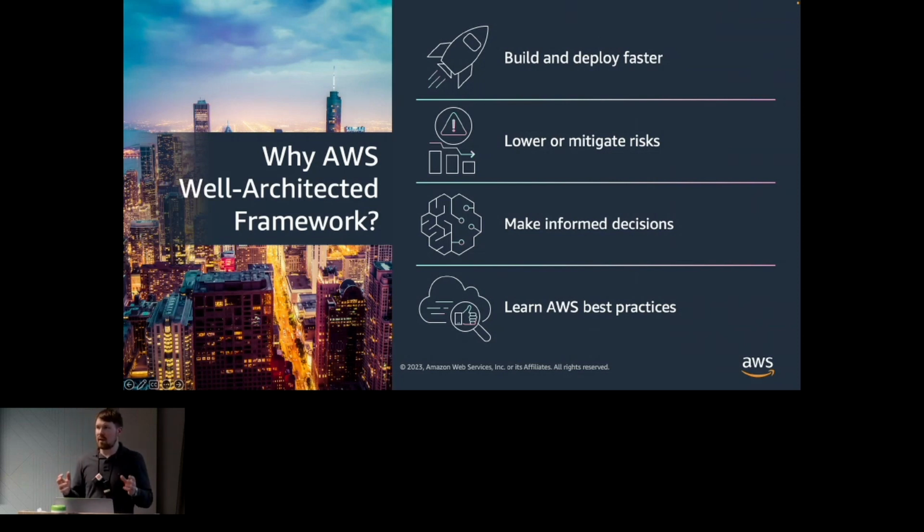By being aware of the decisions that you should make and having the relevant information that you need to make them, you are put into a great position. And finally, Well-Architected lays out the best practices that we've seen and experienced building workloads in the cloud over many years and reviewing thousands of workloads on AWS.